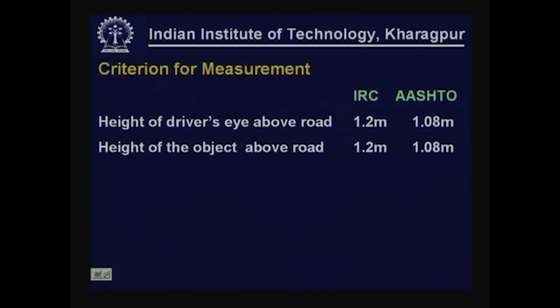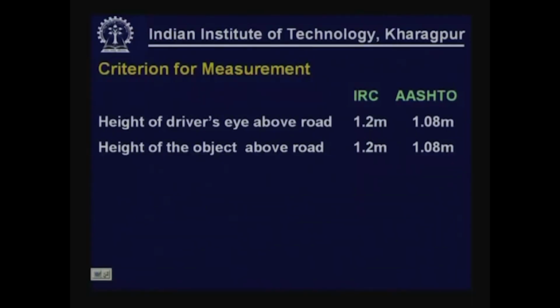Like stopping sight distance, for overtaking sight distance also it is necessary to specify the height of driver's eye above road level and also the height of object above road surface. In this condition, for overtaking or passing, the object is an opposing vehicle.